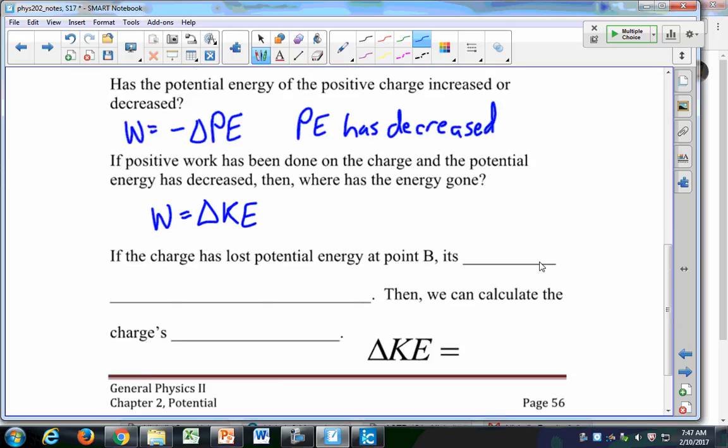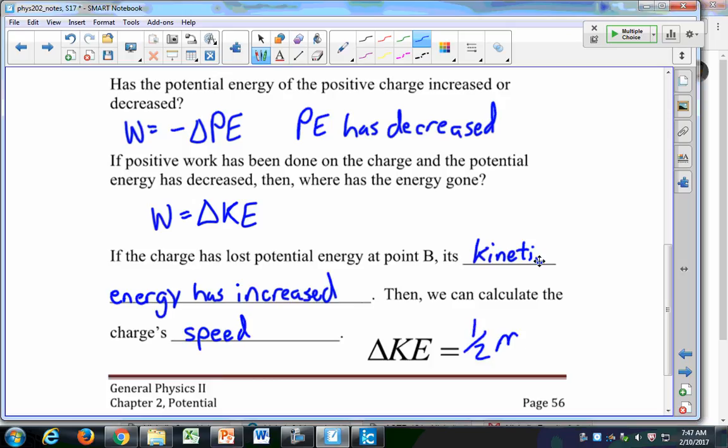So if the charge has lost potential energy at point B, its kinetic energy is increased. Then we can calculate the charge's speed, because the kinetic energy is 1/2 mv squared. So the work done by the electric field is equal to our change in kinetic energy.